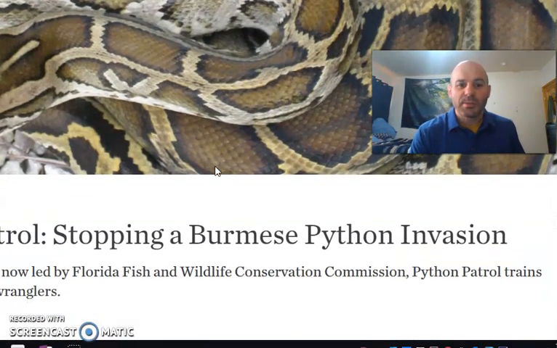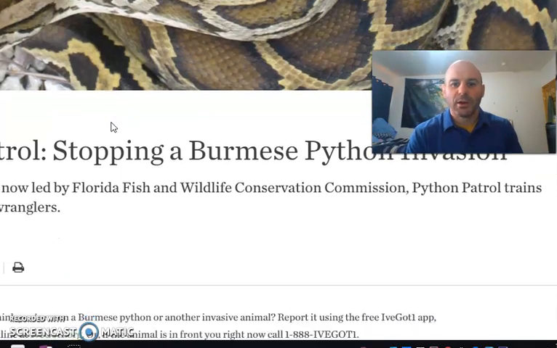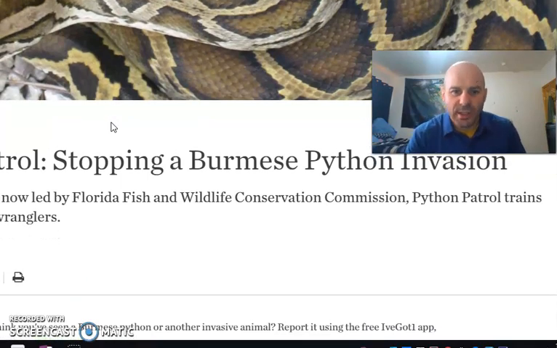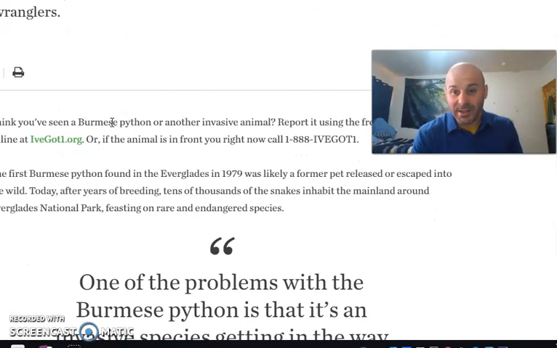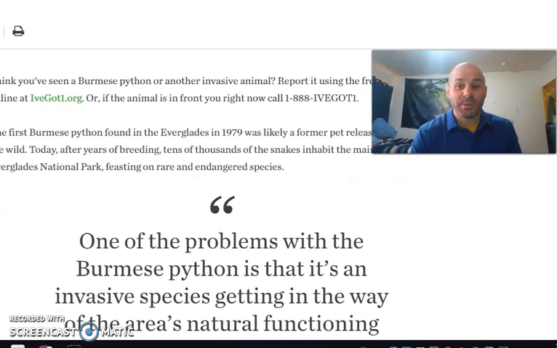You might not get to see the whole article, but hopefully you can see enough. The Burmese pythons are giant snakes that were originally pets of people in South Florida. And some of these people, after they got tired of having their pet snake or it got too big for its cage, just let it go outside.